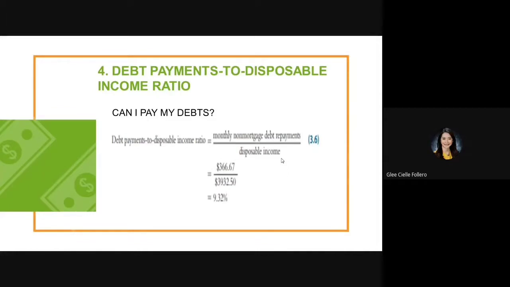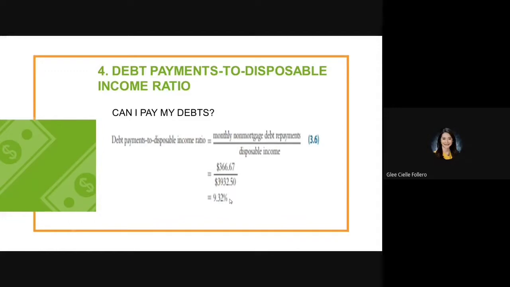Dito naman, a ratio of 15% or less is desirable. So, in our example, the debt payment to disposable income ratio is 9.32%, meaning it is less than 15%. So, this is desirable.